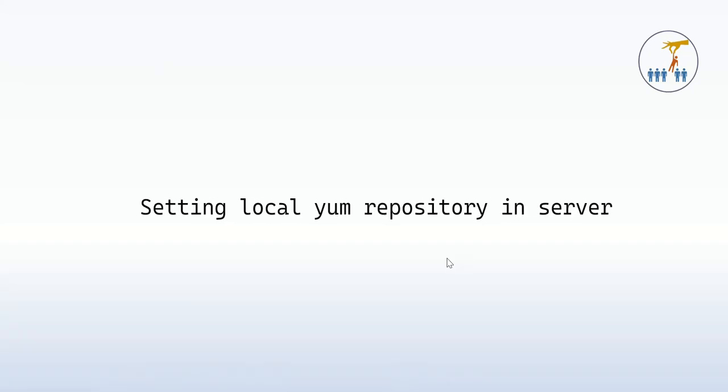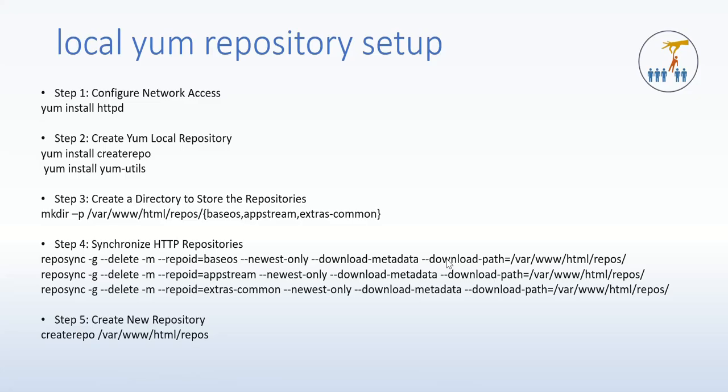Okay, now let's get into the actual steps. The first step is setting up a local yum repository on one of the machines in our network. First, we create a web server, an Apache web server, because the Apache web server is what will host all the software packages that we want to maintain in the system.